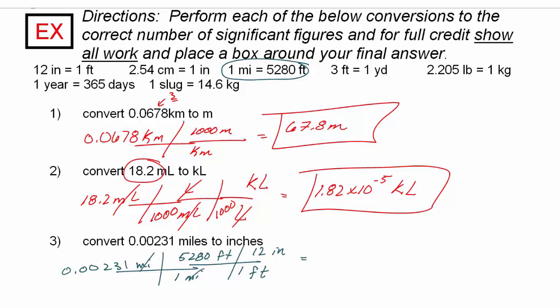So miles canceled, feet canceled, I'm in inches. 0.00231 times 5,280 times 12. I get a big number here, 146.3616 inches. But that's way too many sig figs. I only have 3 sig figs here, so 146.